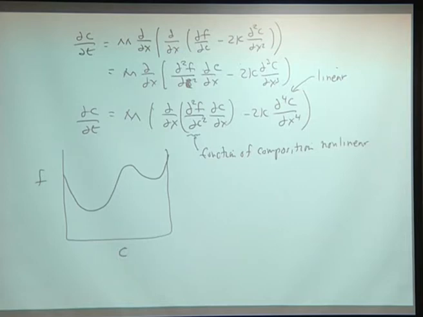So the question is, how do we solve this? How do you solve that equation? And if you think about all the methods that you were taught when you were an undergrad, involving things like separation of variables, Fourier transforms, Laplace transforms, they don't work on this equation here because of this nonlinearity.